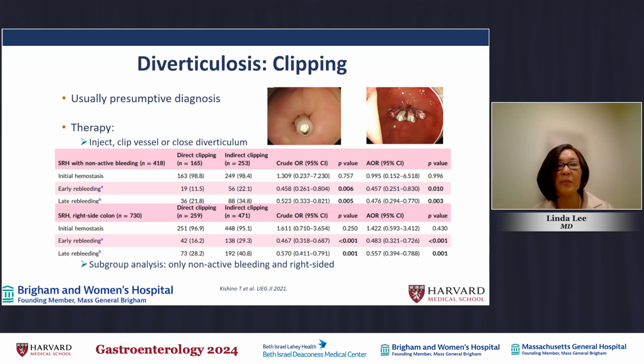Now, in terms of clipping, you can certainly, as I showed you earlier, clip right on the non-bleeding visible vessel, or you can just clip the whole tick closed if you can't actually see it, but you just see blood oozing out from the tick. And this study is suggesting that doing the direct clipping, so right on, for example, the non-bleeding visible vessel, may be superior in decreasing rebleeding compared to the so-called indirect clipping approach, where you're simply closing the entire tick closed.